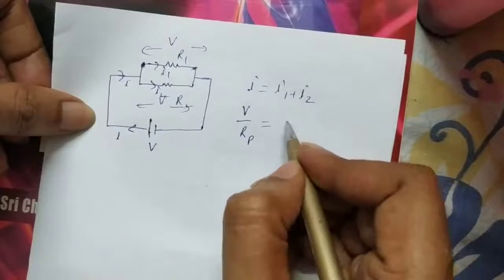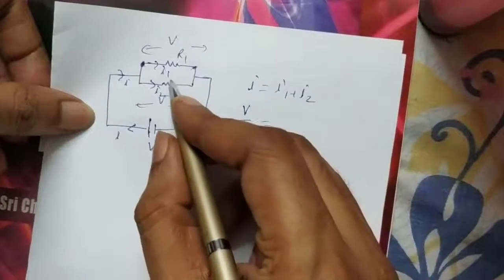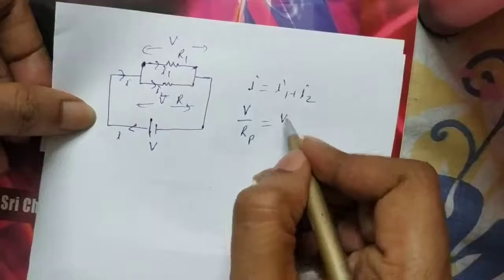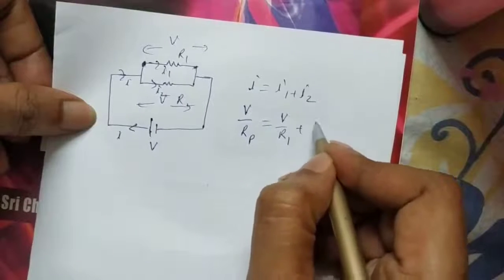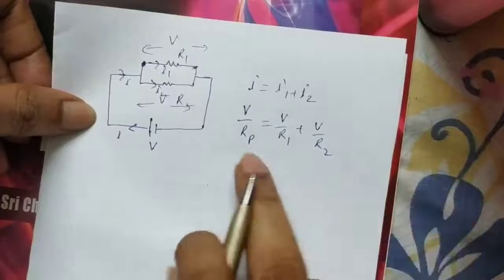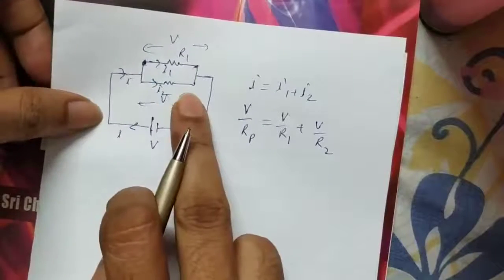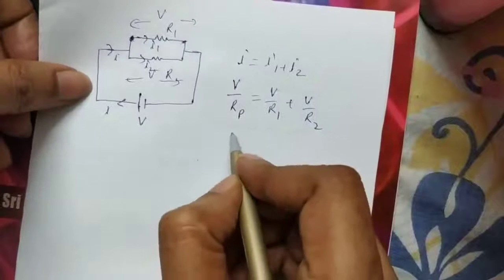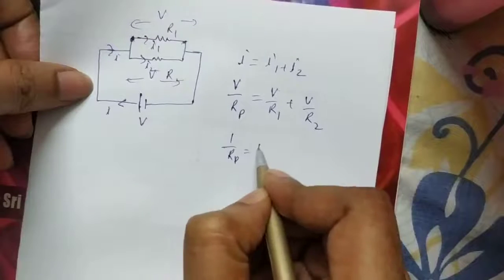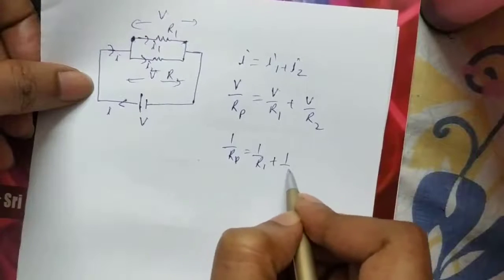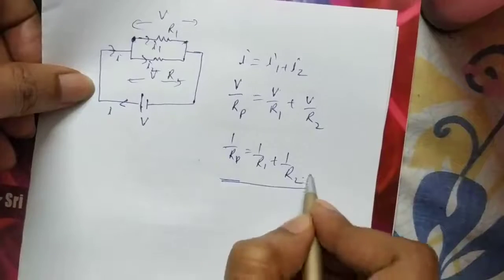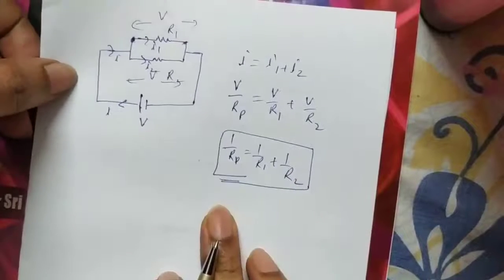Is equal to, for the first resistor, what is the current flowing through it? Potential by resistance R1. For the second one, potential by resistance R2. V is the same, total potential, potential across R1, potential across R2, all are the same. So take that common and cancel. 1 by R parallel is equal to 1 by R1 plus 1 by R2. This is a parallel combination of two resistors.